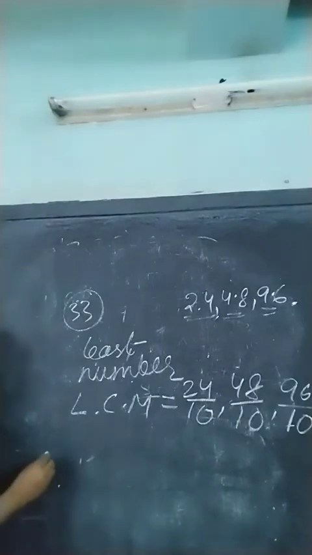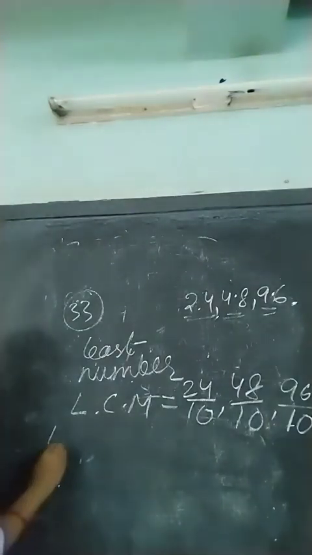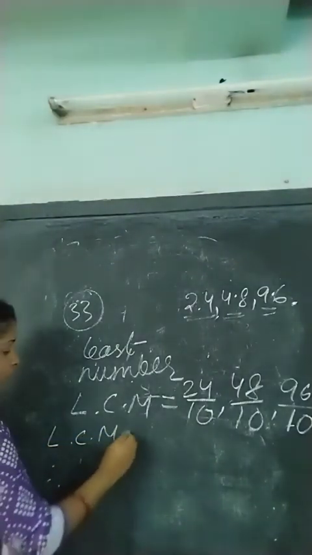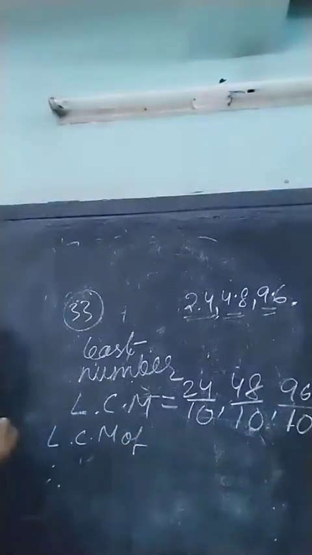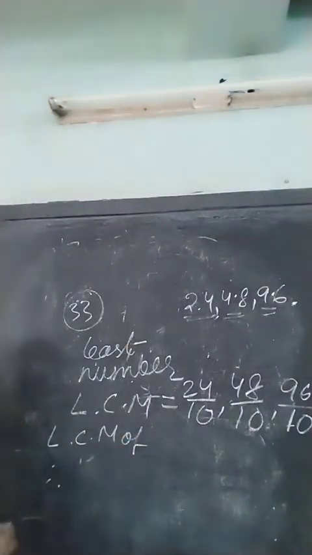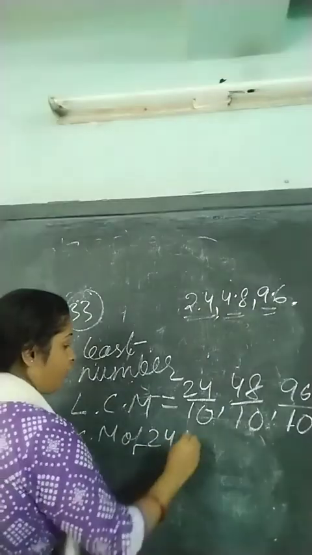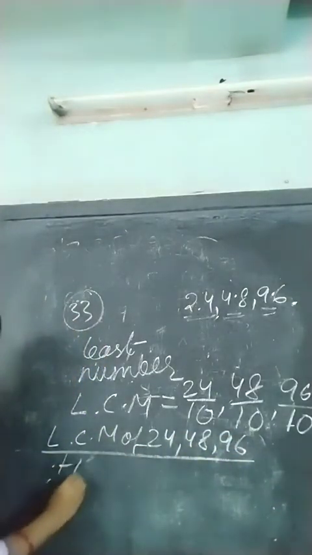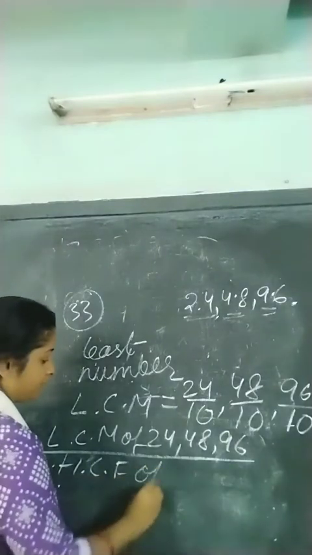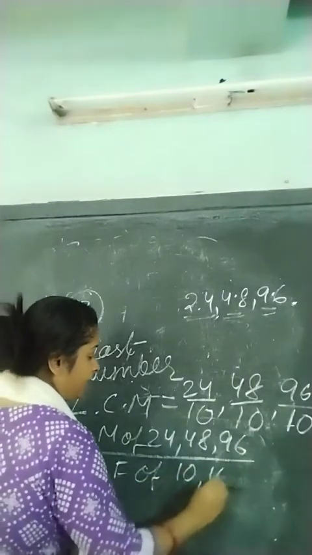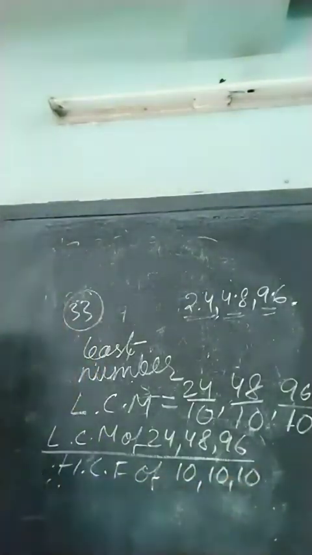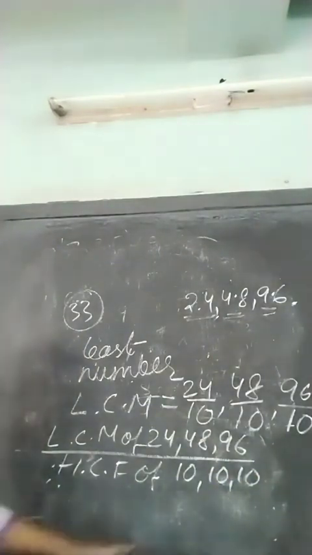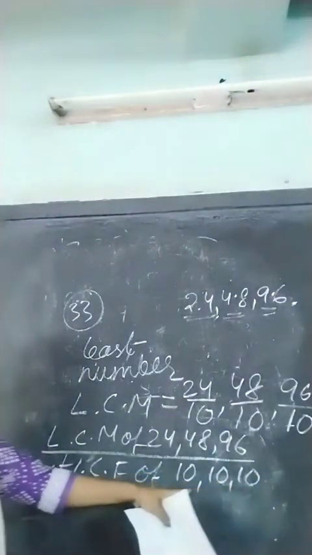Now we will apply the formula to find the LCM: LCM of the numerators, 24, 48 and 96, by HCF of the denominators, 10, 10 and 10. So HCF will be 10, because 10 is divisible by all three of them.